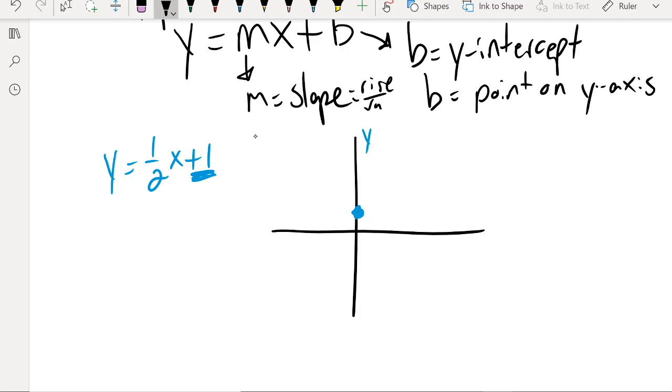So I know it's going to be at 1 because the y-intercept tells me so. And then from there, I can go up one space and over two spaces, because rise over run, my slope is 1/2. So I rise by the top number, 1, and then I run 2.